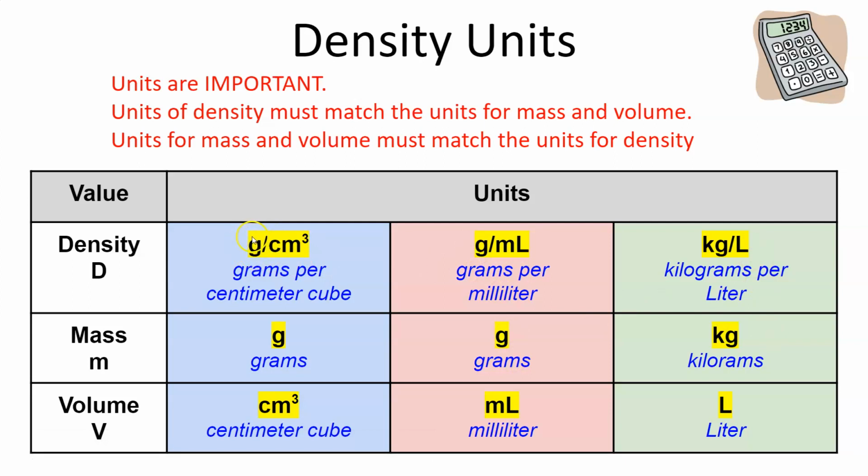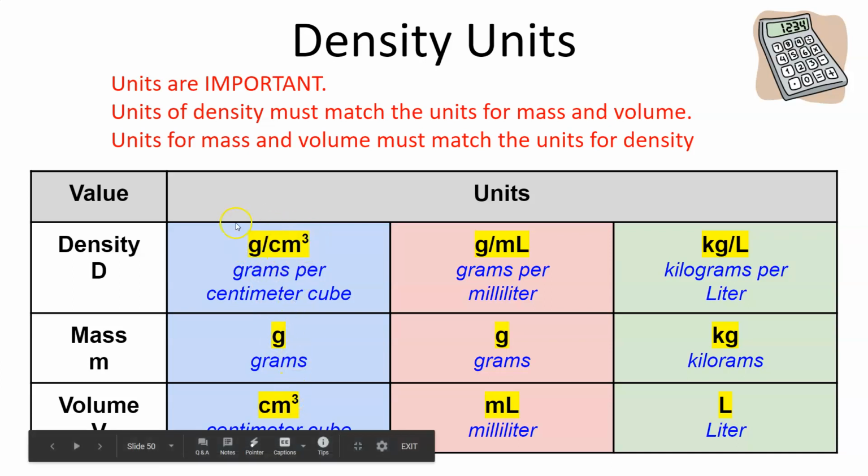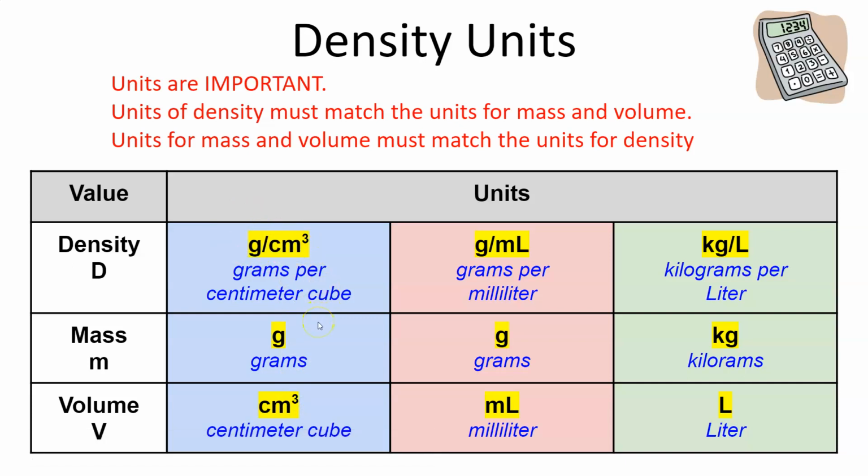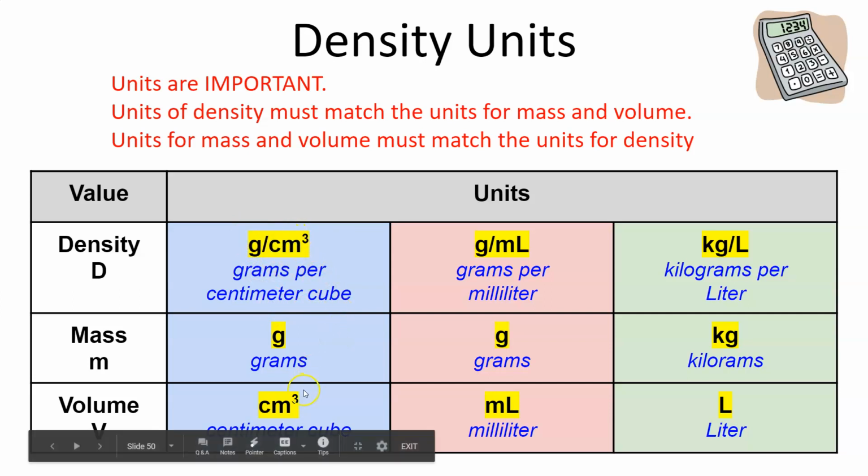The top unit, g, grams, is a unit of mass, and the bottom unit, centimeter cube, is your unit for volume. So if your density is reported in grams per centimeter cube, that must mean your mass is in grams. The top unit in density tells you the unit for mass, and your volume is in centimeter cube. The bottom unit in density tells you the unit for volume.